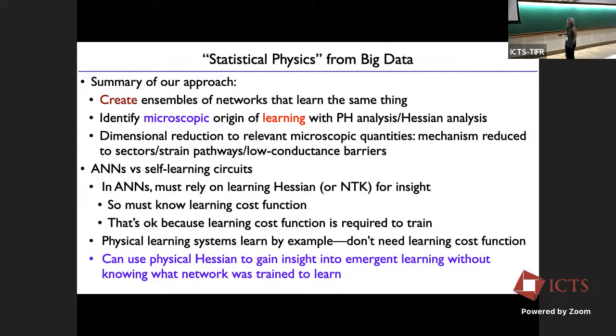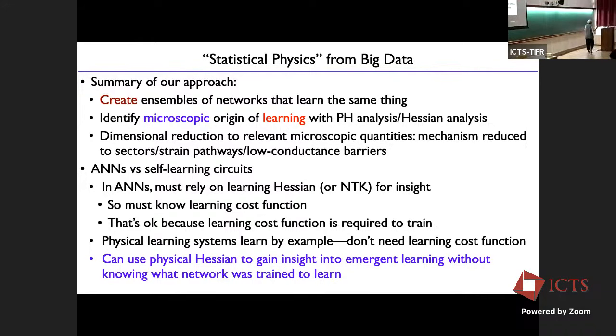And so with the physical Hessian, we can get insight into what it learned without knowing the learning cost function, without even applying the source. We can just look at the network as it is and say, aha, this network has learned something. It's got these low conductance barriers that are set up. Okay.